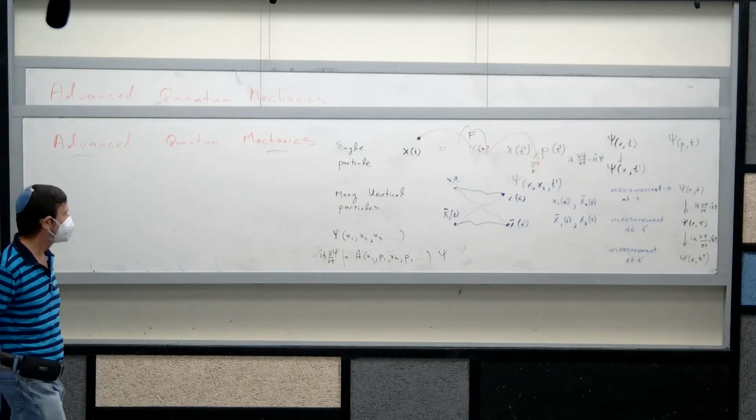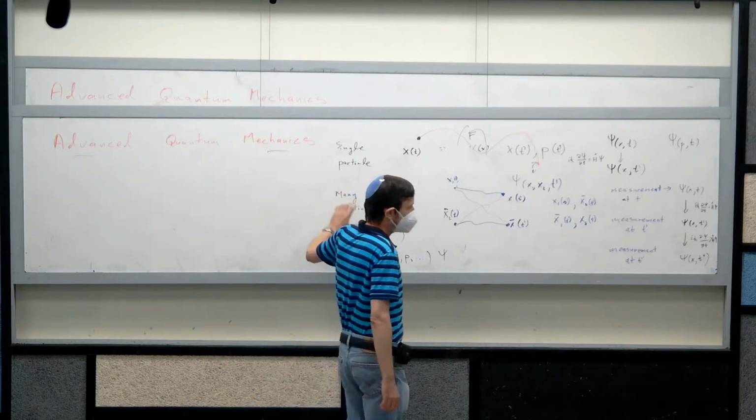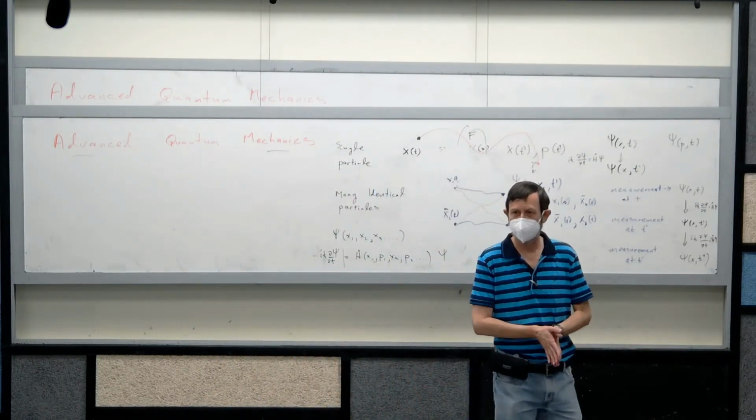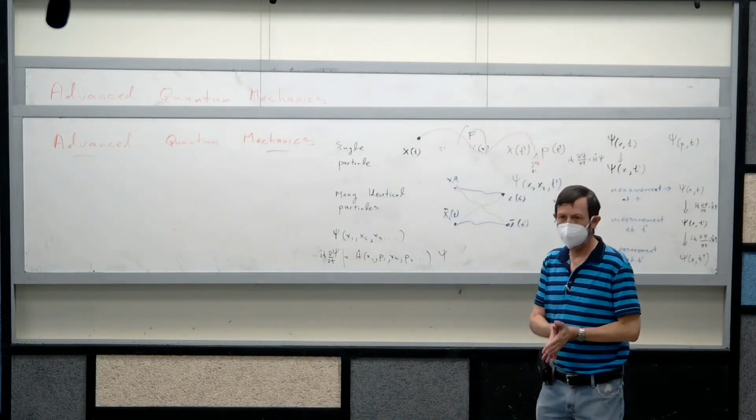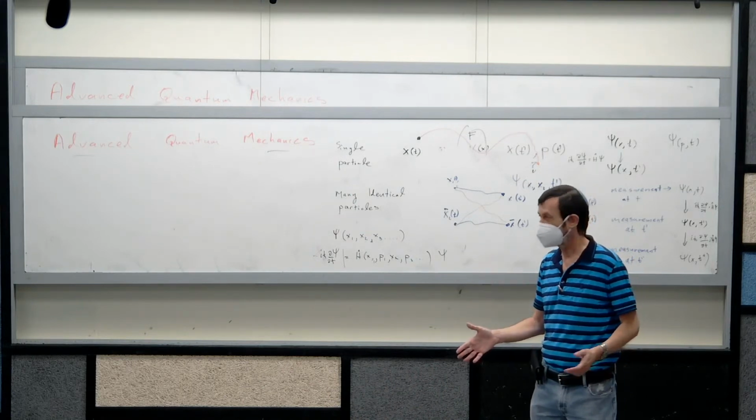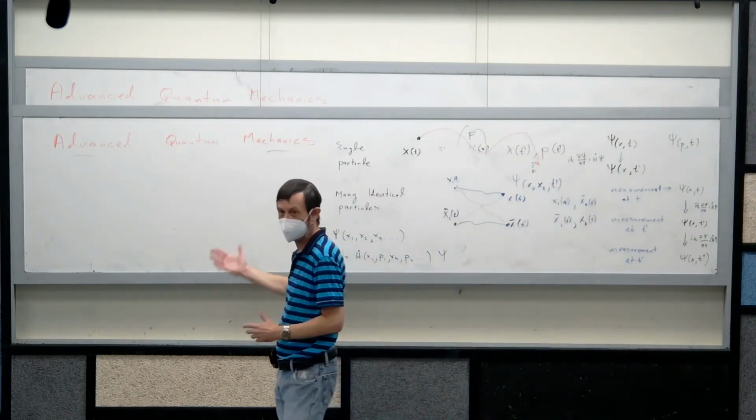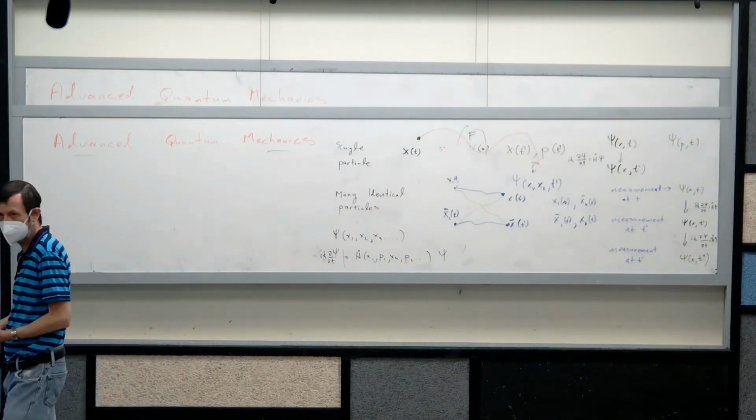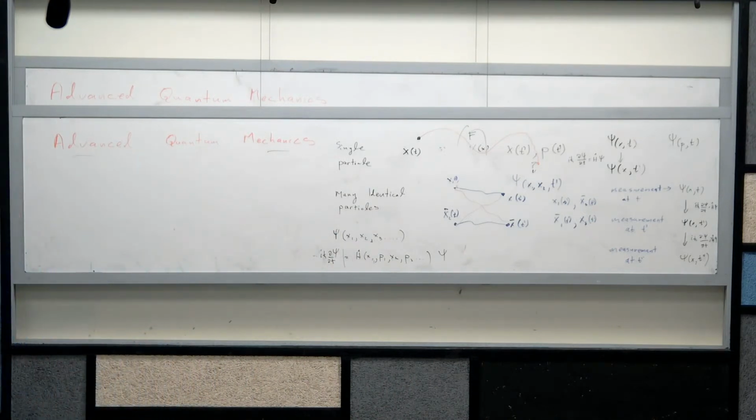Okay, so many particles is a good reason to have a course in advanced quantum mechanics, because at the moment, although at the end of the day it will be the same conceptual description, I'll have some wave function that I get from a measurement.